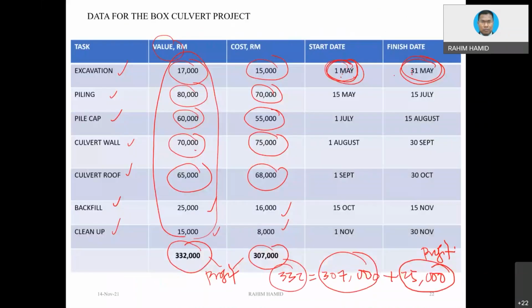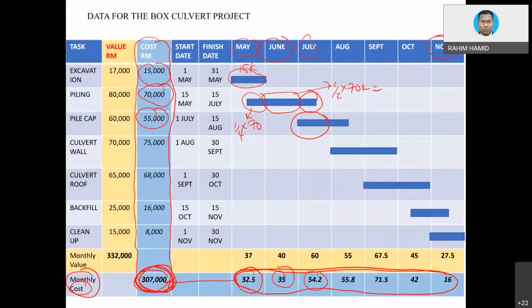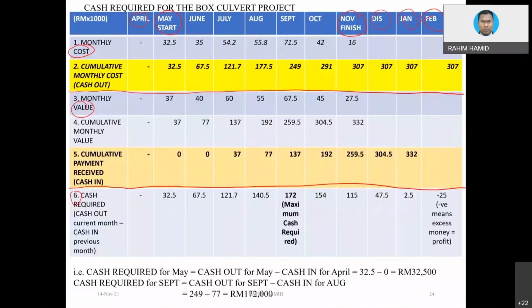We extend a few months, then only will you be able to see how the calculation will be complete or close, according to the accounting system. I just put April there so that you will understand later on when we calculate the cash required, because there is a concept of the previous month.